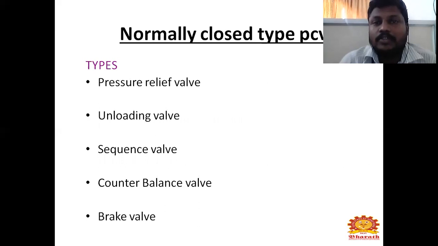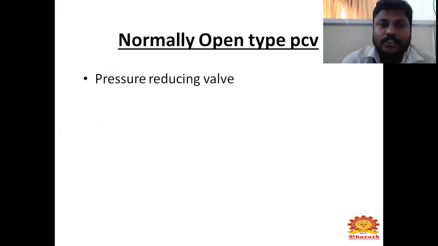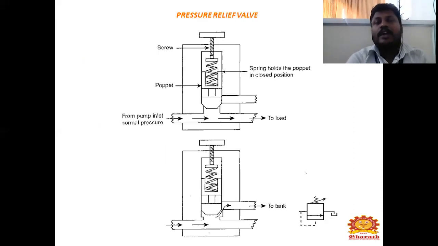And the normally closed type of pressure control valve. What are the types in that? They are the pressure relief valve, unloading valve, sequencing valve, counterbalance valve, and brake valve. First one, pressure reducing valve, and this is a pressure relief valve.